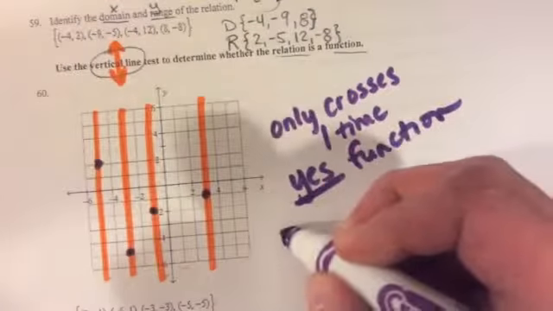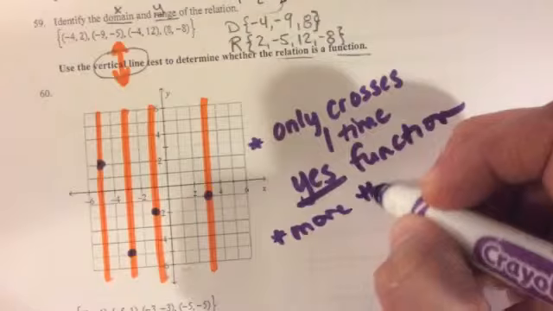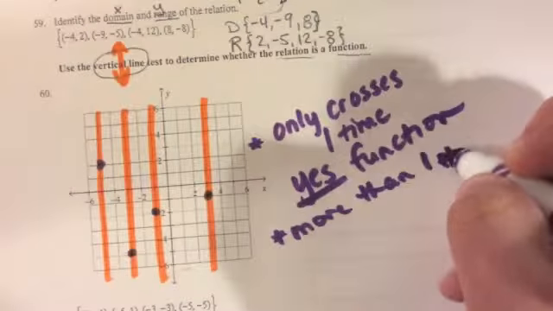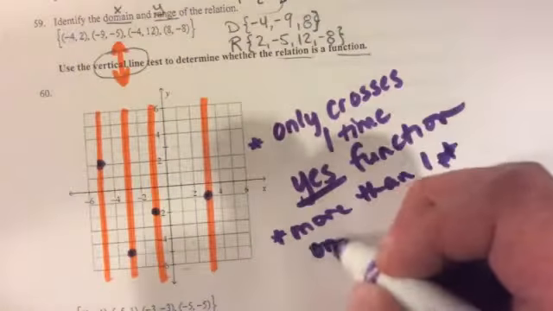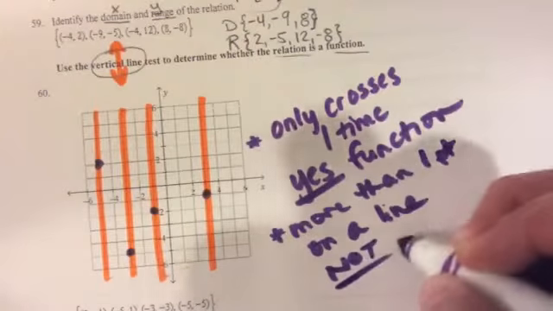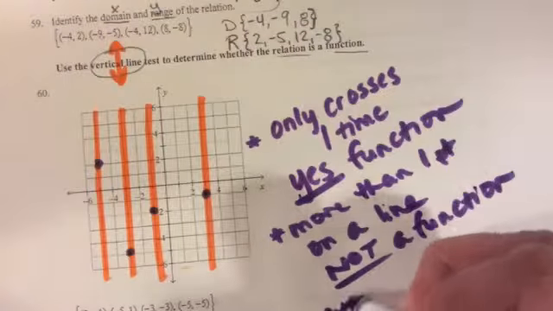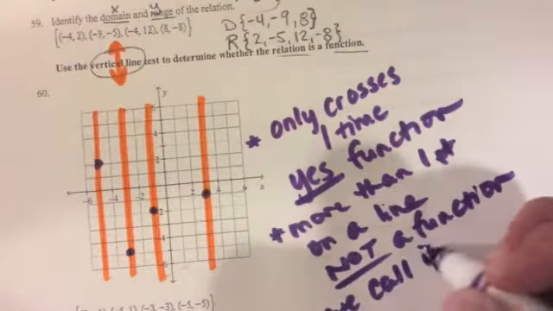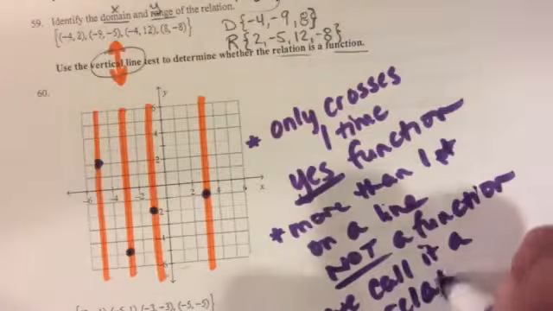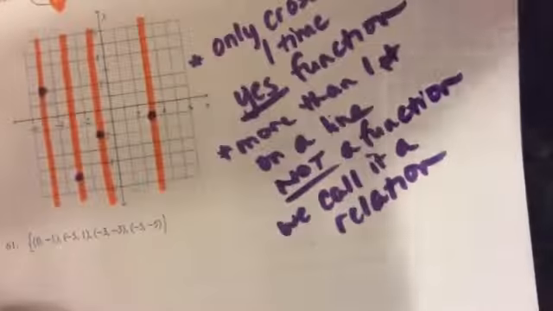If you have more than one point on a line, it is not a function, and we call it a relation.